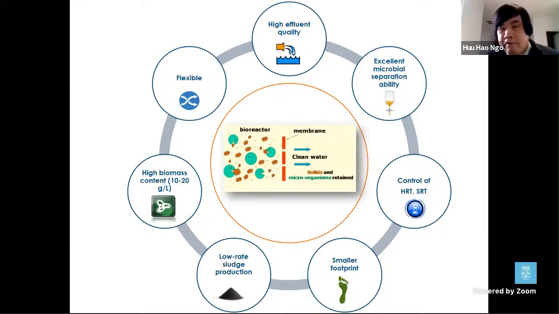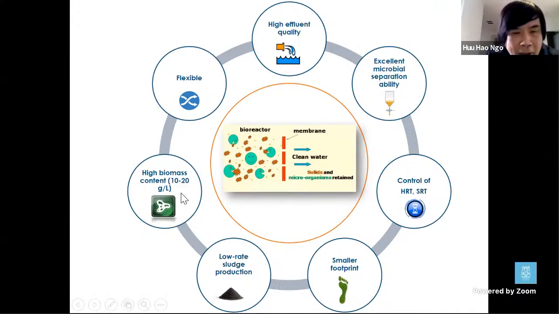Just because of that, they have a really big footprint, right? But for MBR, very small footprint. And then low sludge production. This is good news for the people who like to use the MBR, because the sludge production is very low. And then we can save money from the sludge treatment.